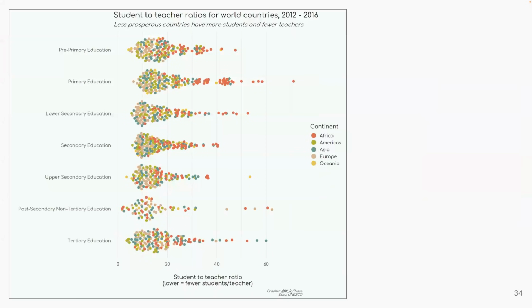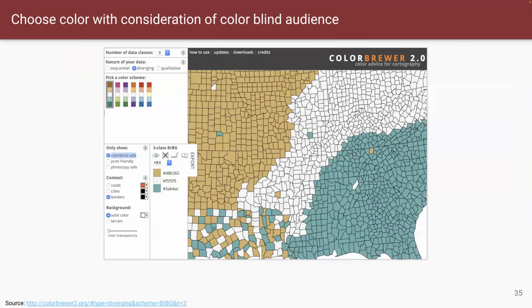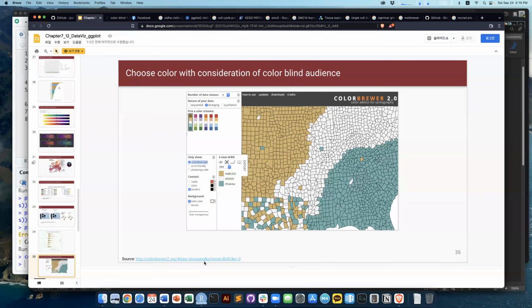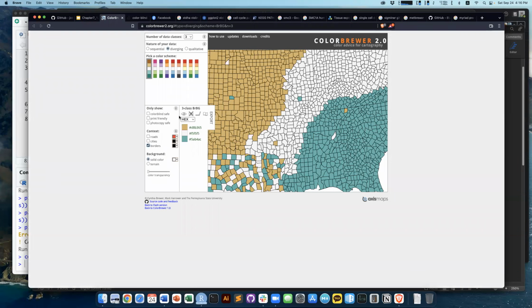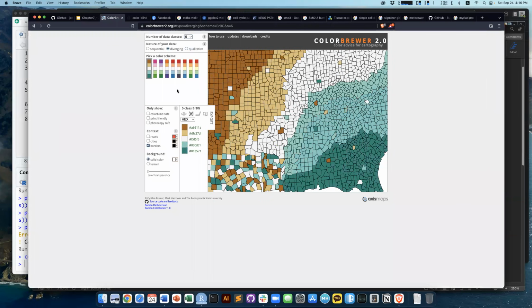Okay, so this is one example, and this is the website where you can choose colorblind colors. Let's say you want to use a diverging color scheme for 3 classes, then you set it up here. Let's say we want to use 5.